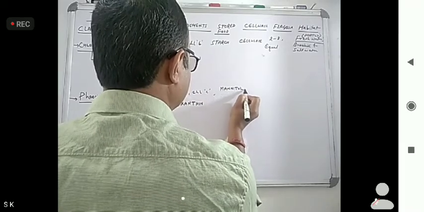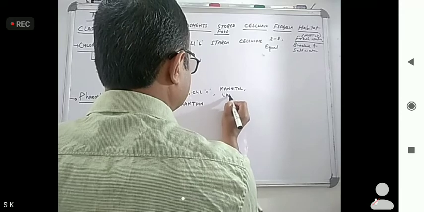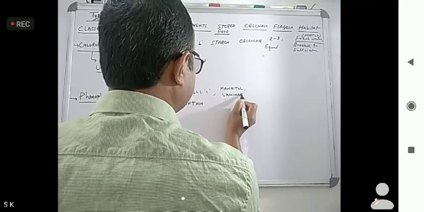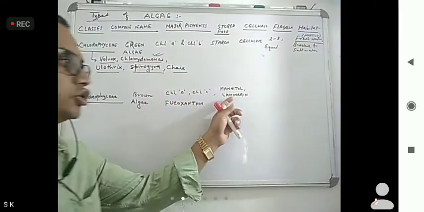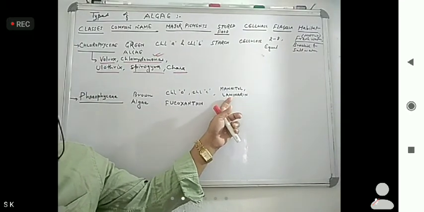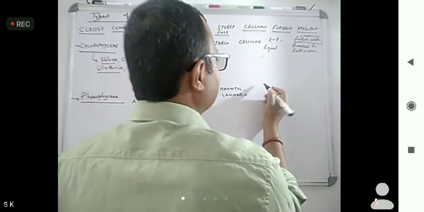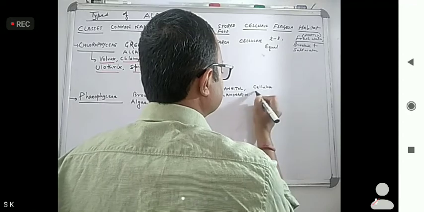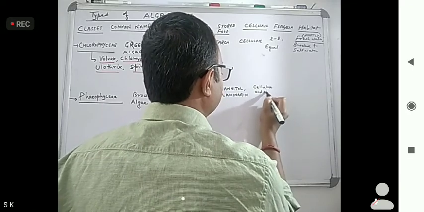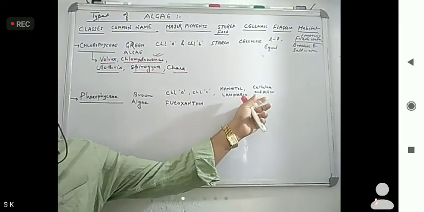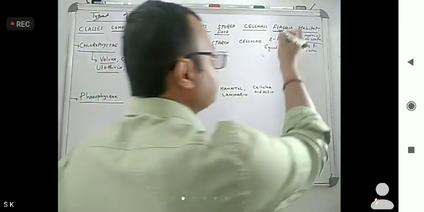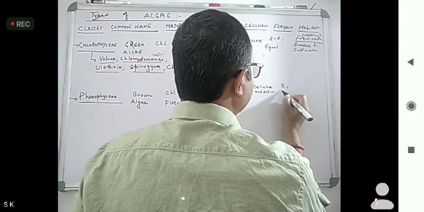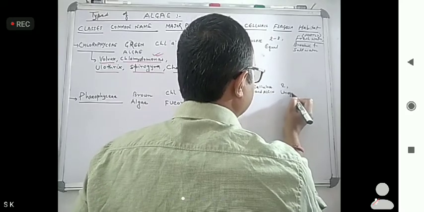Okay, so mannitol and laminarin are what? Stored food. If we are saying their cell wall, this has cellulose, and one more compound is there, that is algin. So cellulose and algin are present. Here flagella are two but unequal.